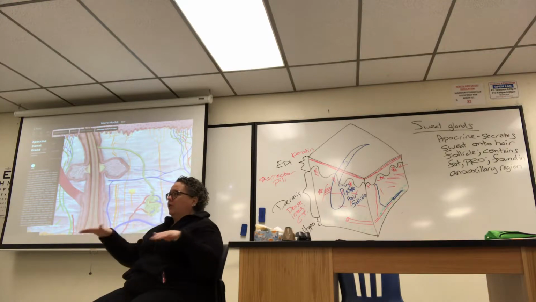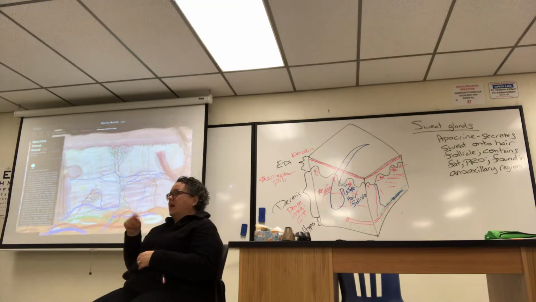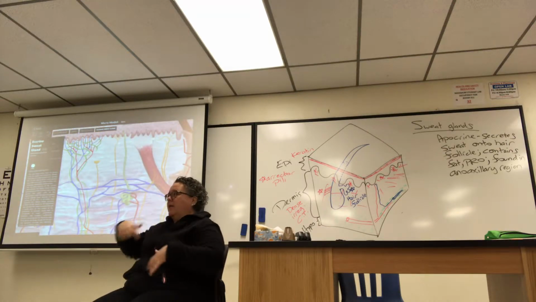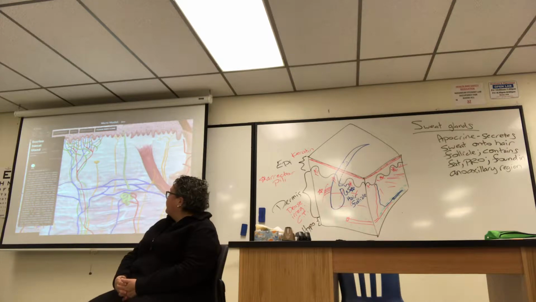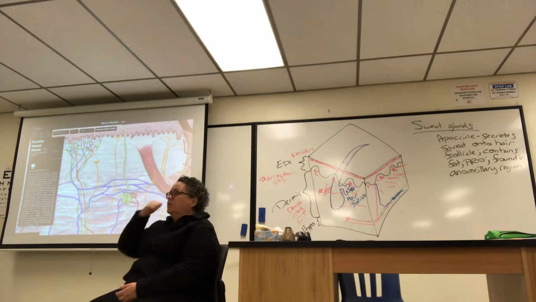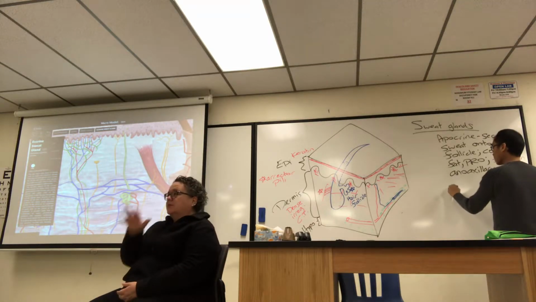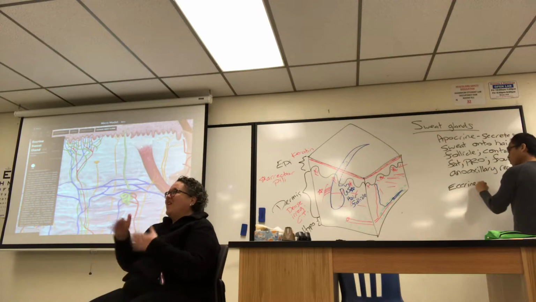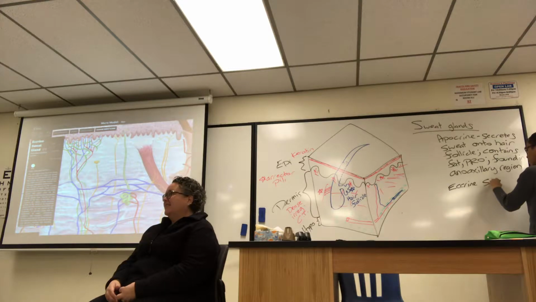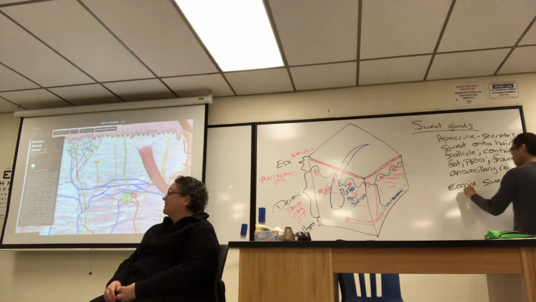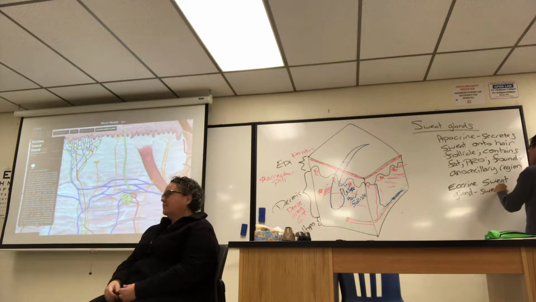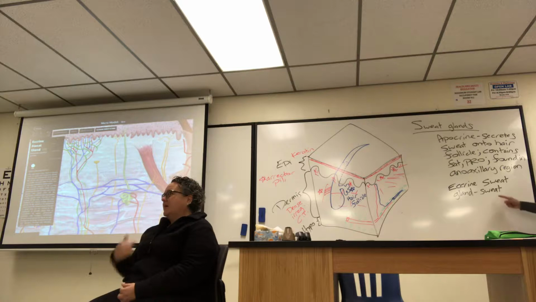For example, let me show other sweat glands here. Here's one. This is an eccrine sweat gland. So the sweat is basically a hypotonic fluid.